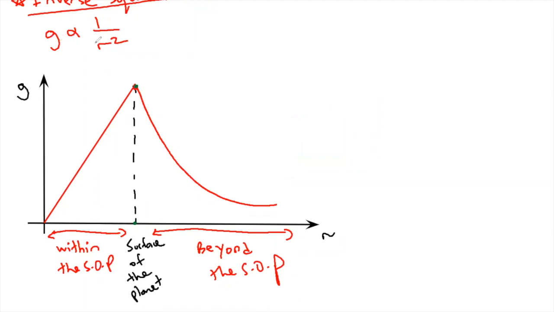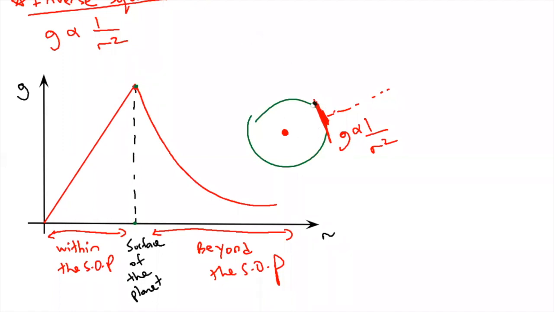But when I say this, I am saying that my G starts from here. I am comparing from the surface of the planet. And if I move away from here, I will know that G is 1 over R squared. But I did not consider what's going on inside the planet.